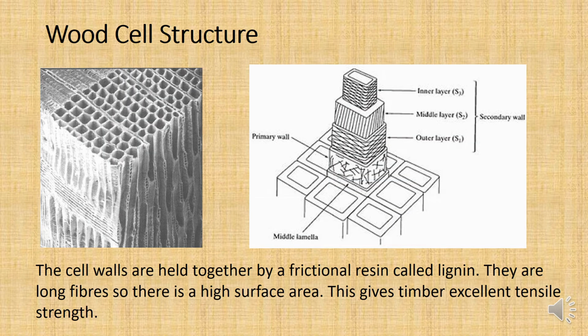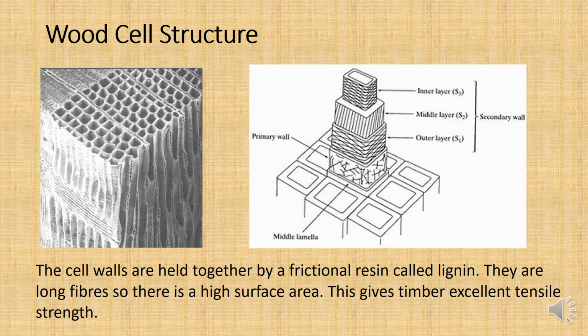Now, if you were going to look at wood under a microscope, it's quite incredible. Basically, all of the cells inside wood are long, singular fibers, and they all align with one another almost in a grid pattern. It's almost like masonry, isn't it?